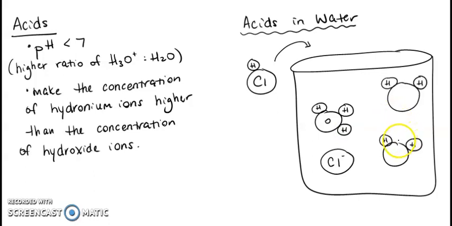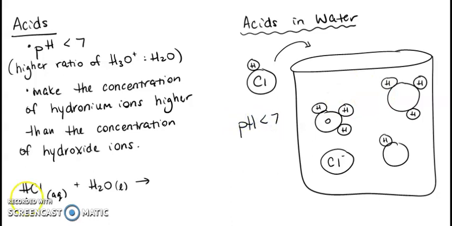Now, even if more water molecules collide and hydroxide is formed, there's still going to be more hydronium than hydroxide, so this solution is now acidic. The pH would be less than 7. So this hydrochloric acid plus water gives us our chloride ion and our hydronium ion.